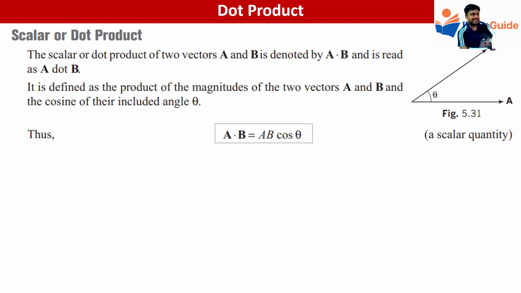So now when the output is a scalar, we have to be worried only about magnitude, as a scalar quantity doesn't have any direction. The magnitude is given by magnitude of A, magnitude of B multiplied by cos theta. Is it clear? The definition?